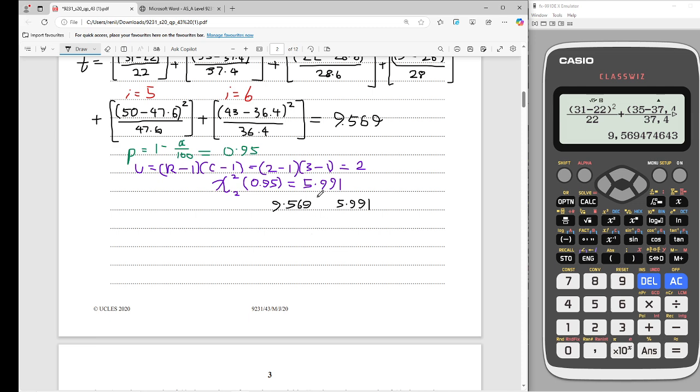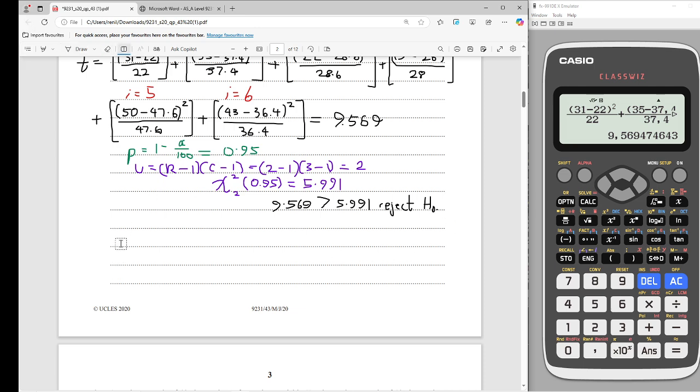You can see that it is greater than, and whenever the test statistic is greater than, we always reject H null. If it were lesser than, then we accept H null. So in this case we have to write reject H null.